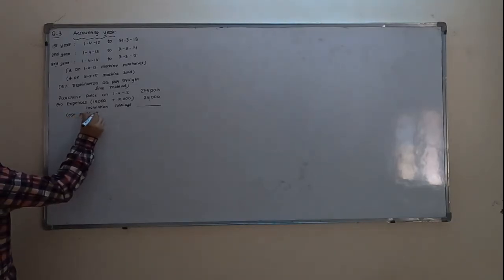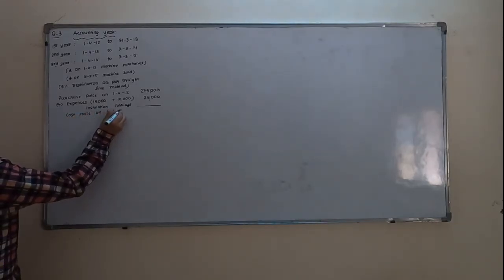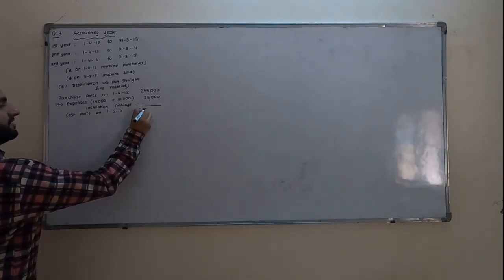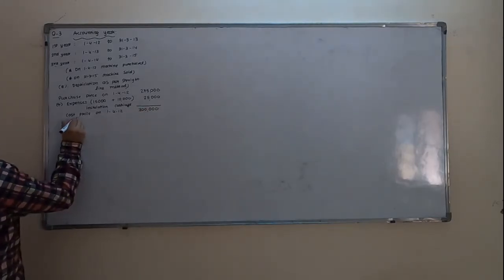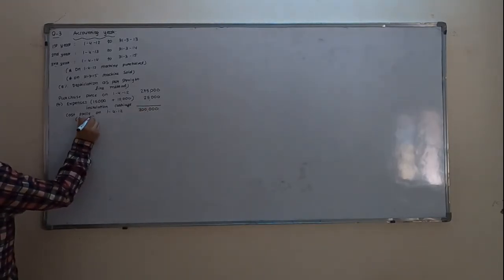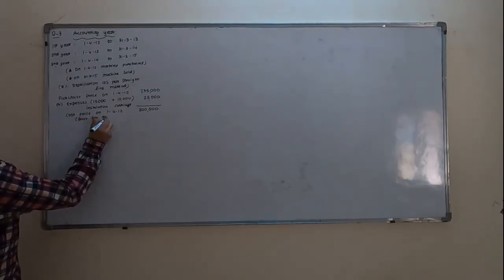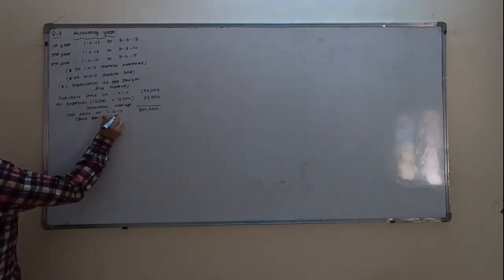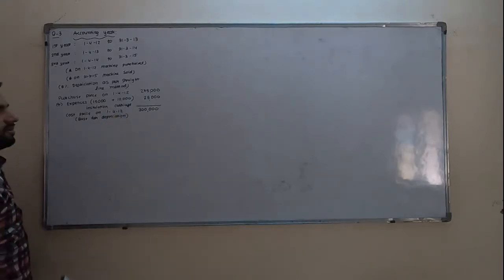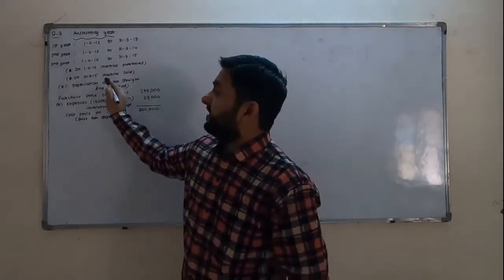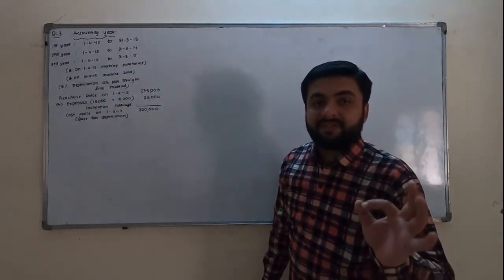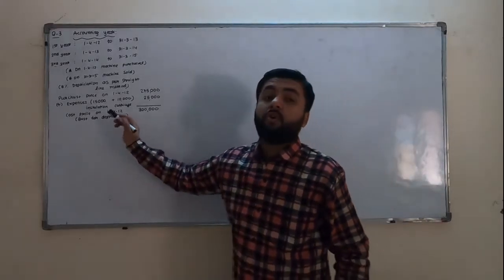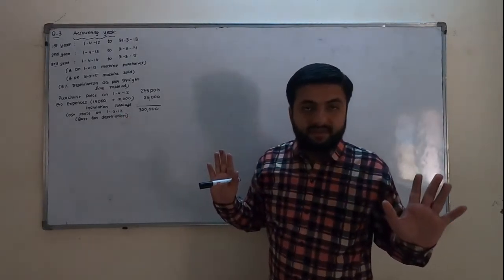So cost price on 1/4/12 is 3 lakhs. And friends, this cost price is the base for depreciation, so write in bracket: base for depreciation. Why base? Because as per straight line method, depreciation is calculated on cost price every year.